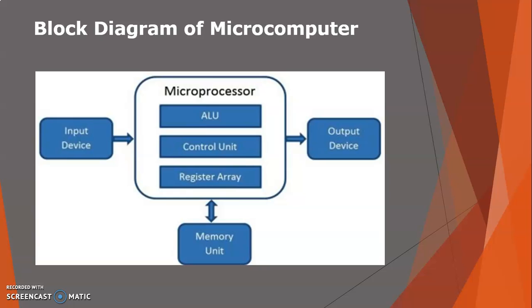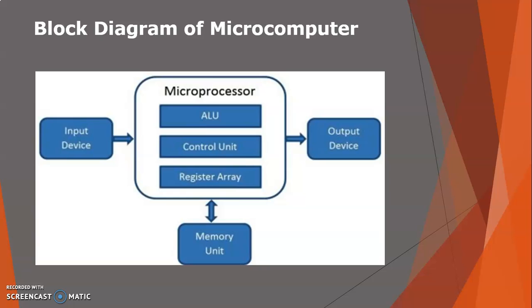So I will tell a little about the microprocessor. A microprocessor is a computer processor that incorporates the function of a central processing unit on a single integrated circuit. मतलब पूरा जो आपका काम है वो एक ही चिप पे हो रहा है.